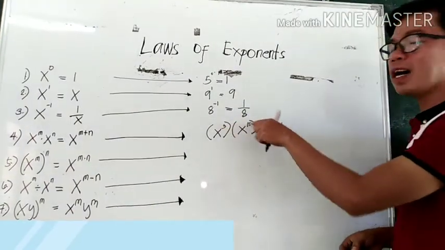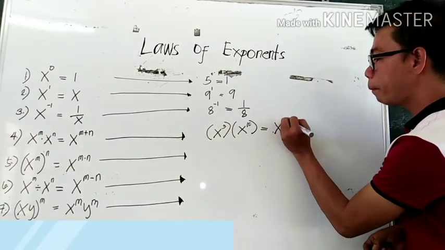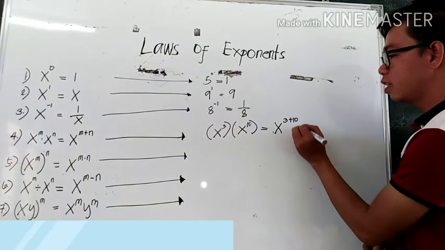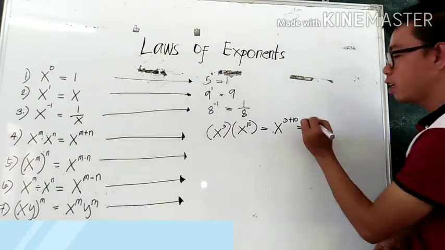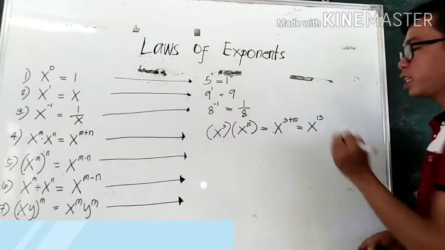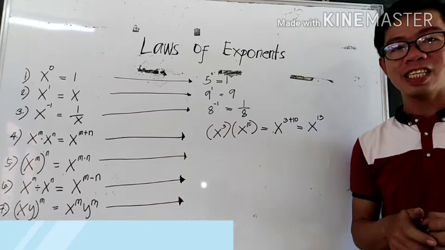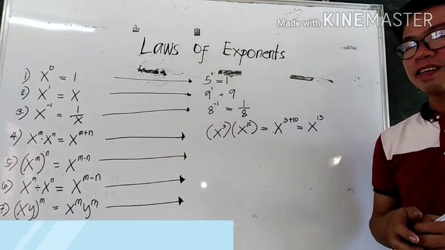Then add the exponent. We have 3 plus 10 is equal to x raised to the power of 13. Okay, 10 plus 3 is equal to 13.